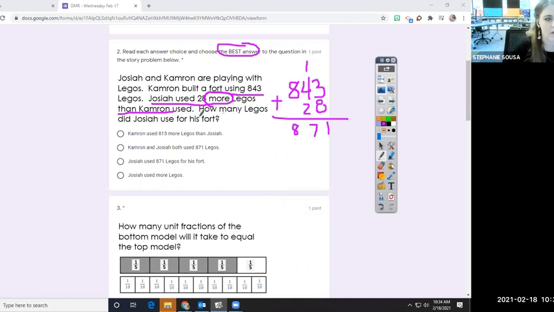So this question is about Josiah, and Josiah used 871 Legos for his fort. Josiah and Cameron did not both use 871, only Josiah did. Questions, concerns, comments?